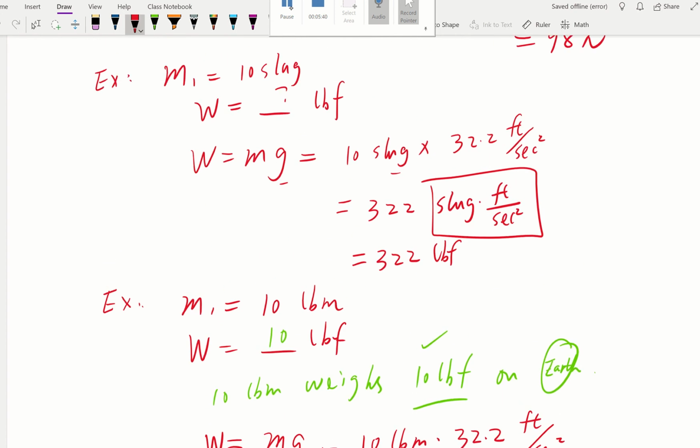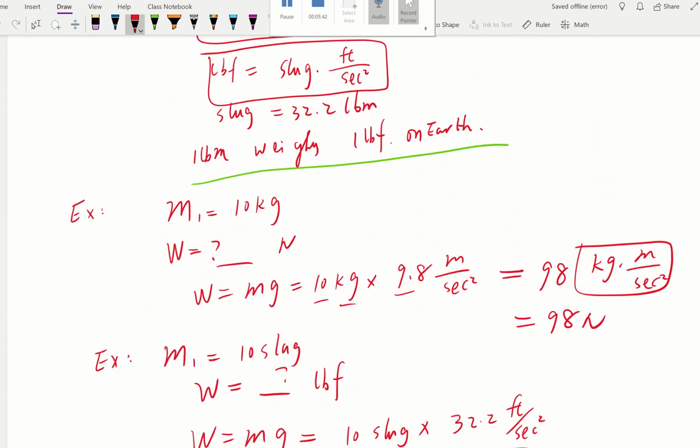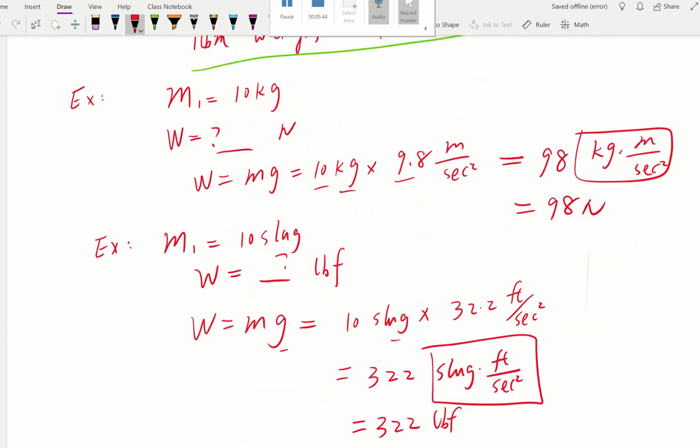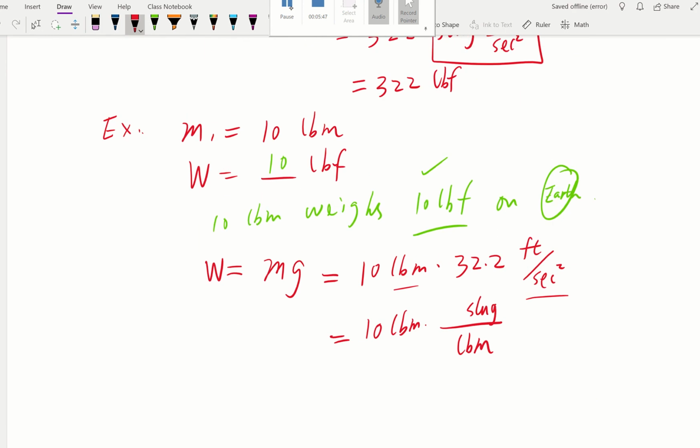Then go back to this relationship: 1 slug is equal to 32.2 pound mass. I'm going to put 32.2 at the bottom because together that's equal to 1, right? You times 1. That's how we do unit conversion. And that is the reason we put pound mass at the bottom and slug at the top, because we want to get rid of pound mass and desire slug. Since 1 slug is 32.2 pound mass, that's why 32.2 is at the bottom.